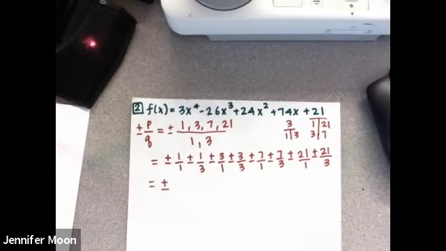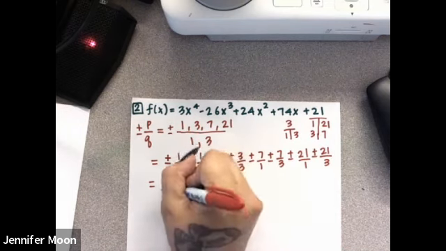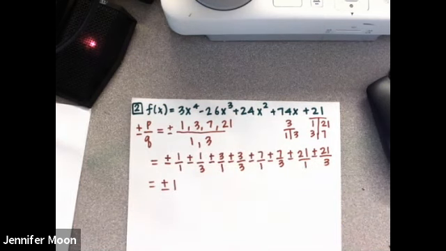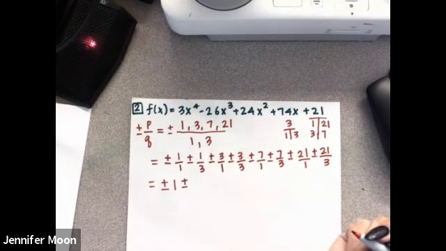Now, actually looking at all of these and evaluating what that little rational value is telling me, 1 over 1, I just get 1, right? So I just have plus or minus 1. I know the plus or minuses can get annoying, but literally we have a positive 1 and a negative 1. So it's very important that you don't let those just fall off, okay? And then if you look at 1/3, that's already reduced.